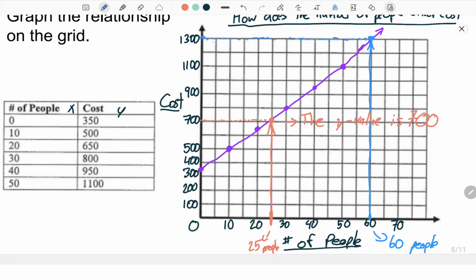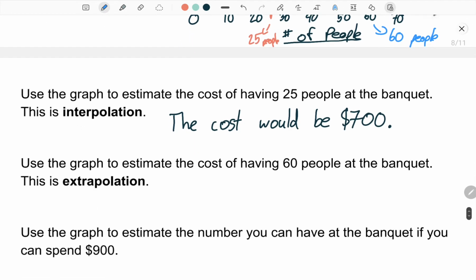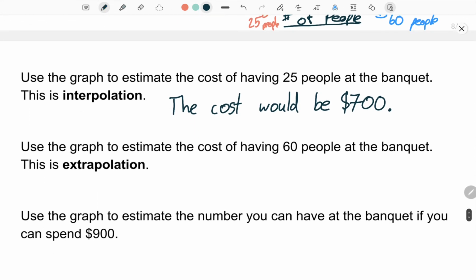And that joins at about 1300. So y value of 1300. Okay, so then if we go down, we can include that. So the cost would be, well, 1,300.